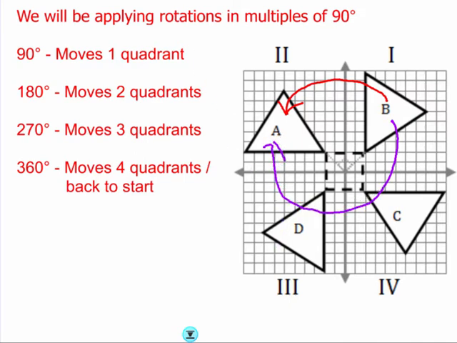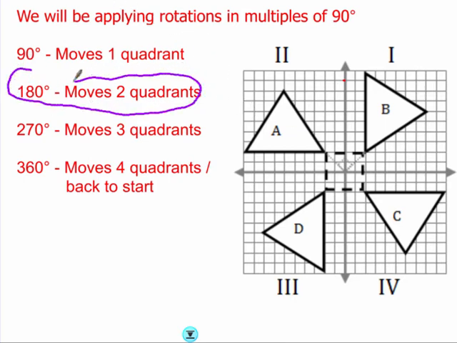All right? And the only rotation that you don't have to give a direction on, clockwise or counterclockwise, is the 180-degree rotation. Okay, for 180 degrees, you don't need a direction because it doesn't matter what way you go, you end up in the same point.